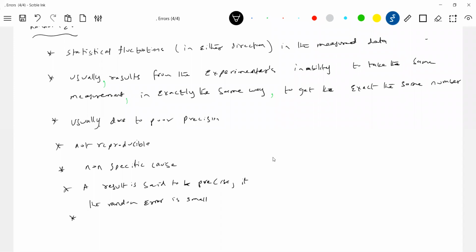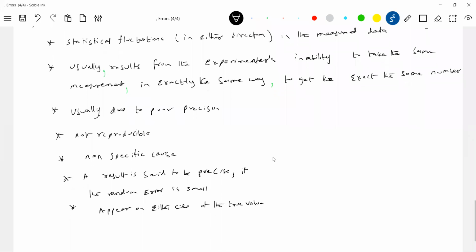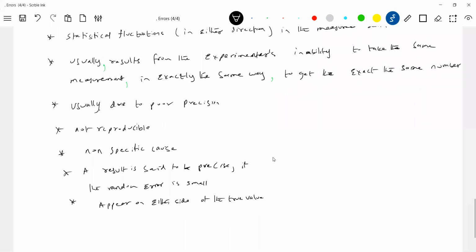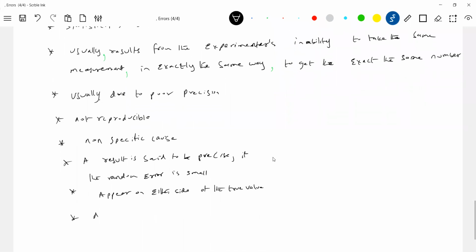Next, the values appear on either side of the true value. So the average value approaches the true value.